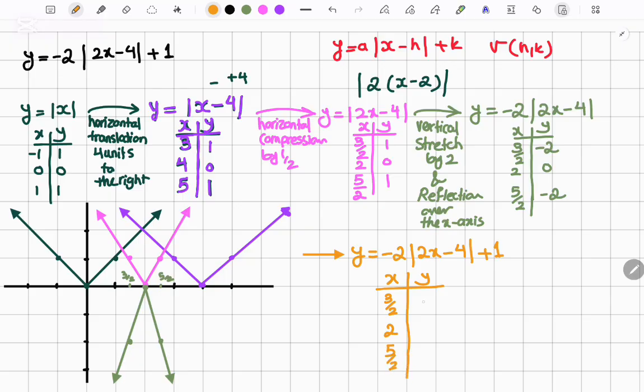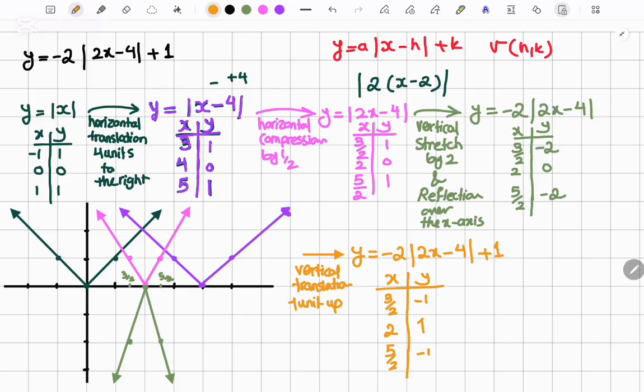And then I'm going to add 1 to all my y's. So what kind of a translation would this be? It's going to be a vertical translation, 1 unit up. So I'm going to add 1 to all my y's. So it's going to be -1, 1, and -1.